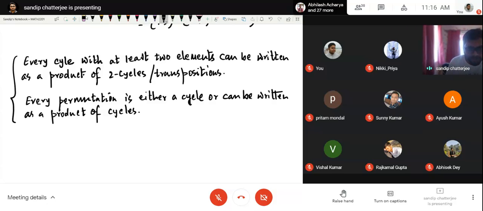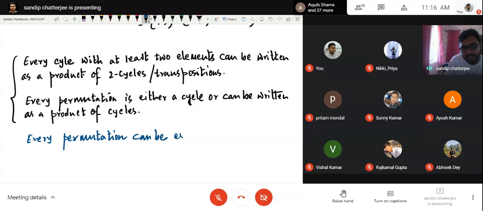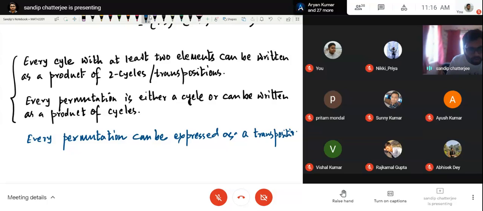So now if we combine these two, we can write that every permutation can be expressed as a transposition or a product of transpositions.